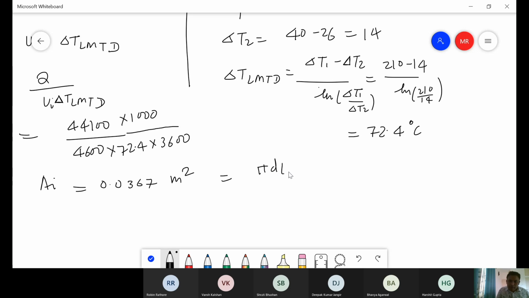pi d l, isn't it? So L in this case is going to be A I by pi d. So A I is 0.0367 divided by 3.14 into d i. So d i is 0.0135.